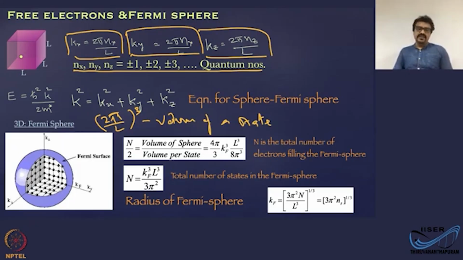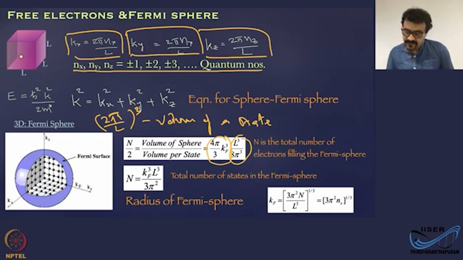Now, the total number of states in the Fermi sphere is given by the volume of the sphere divided by the volume per state. That is 4 by 3 pi kf cube divided by (2 pi by L) cube. That is the total number of states inside the Fermi sphere.